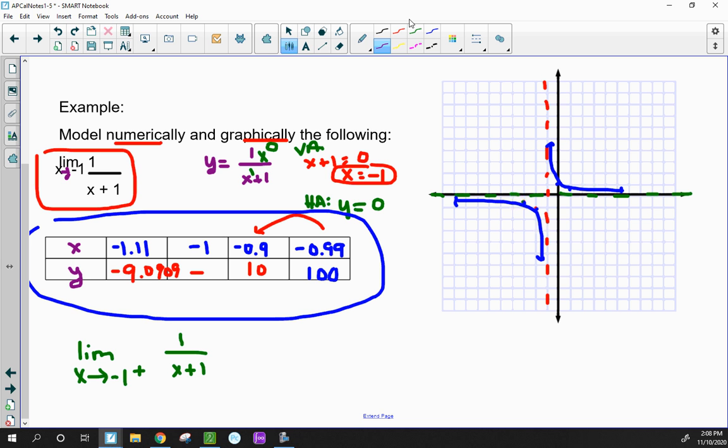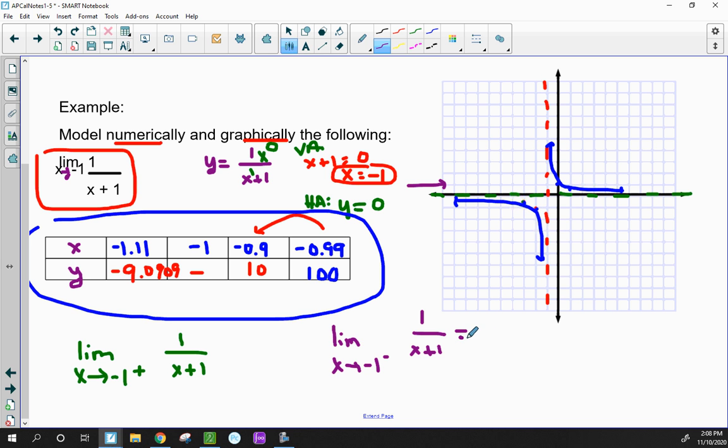And then if you take a look at it from the left side, you're coming in this direction, and the closer you get to -1, you're following along the path of the graph, and the y's are actually decreasing this time, and they're going to continue to decrease.